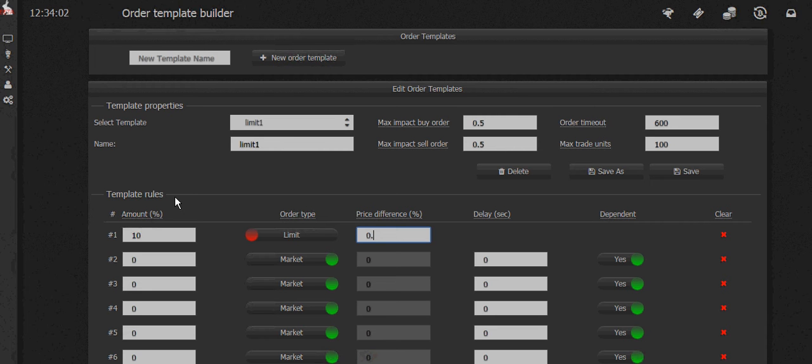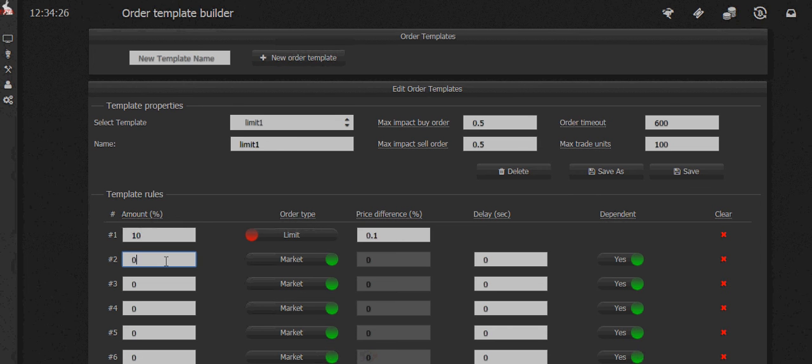Well, here I can break it up into little pieces. And for example, here I have 10%. Well, then rule number 1 is going to be 10% limit order, and I'm going to have a price difference of 0.1%. If you're kind of confused when you're making it for the first time, you just scroll over and it kind of explains what each part is. So that's going to help you.